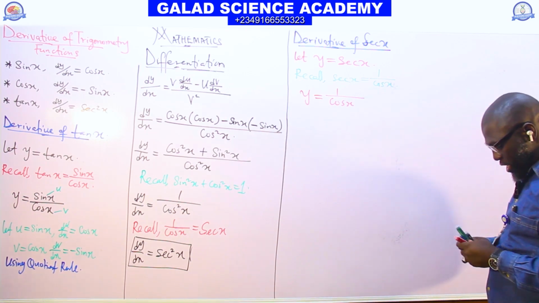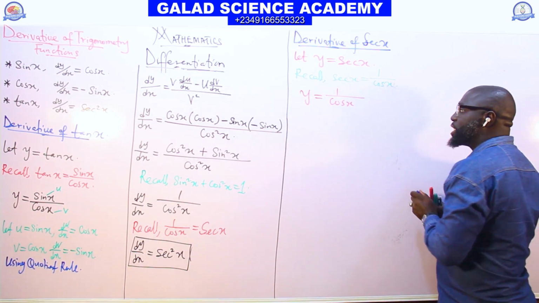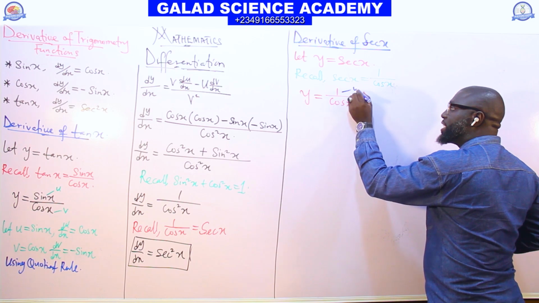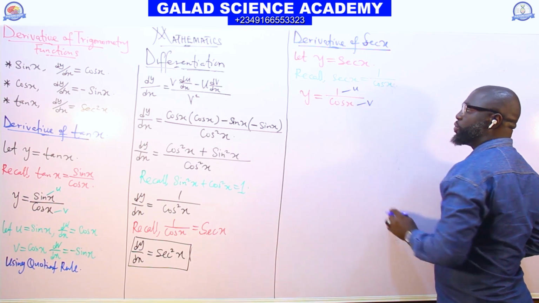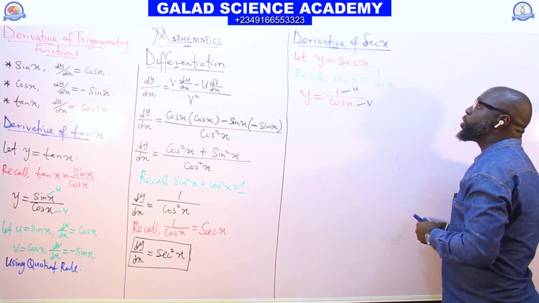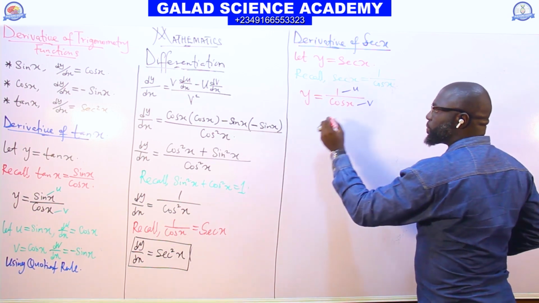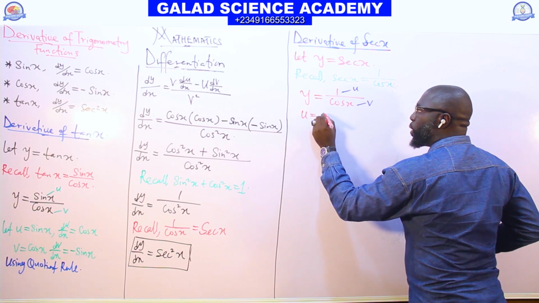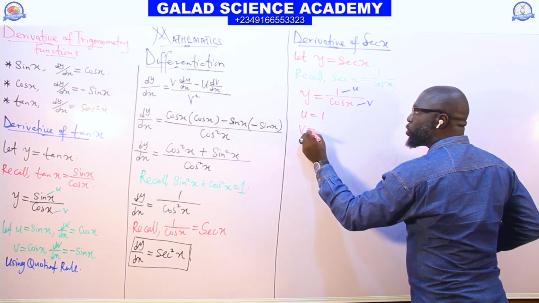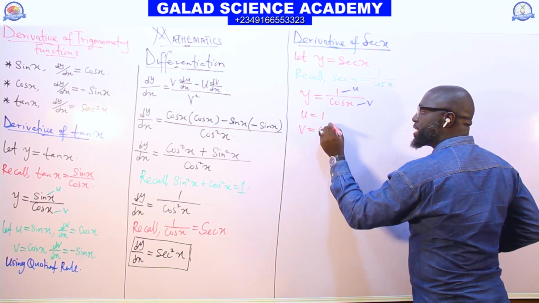So if it's equal to that, the next thing is we let this equal u and this equal v. So u equals 1 and v equals cos x.